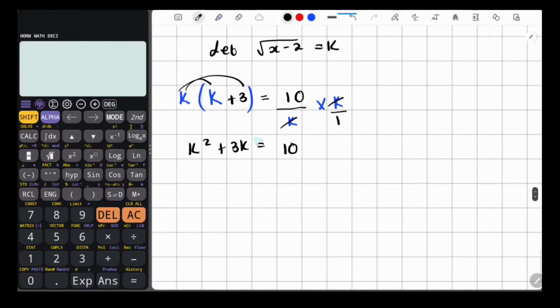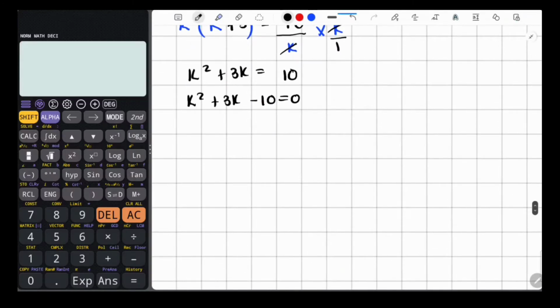Now we can go ahead and take the 10 over, so we have k squared plus 3k minus 10 is equal to 0. And this looks very familiar, so it seems to be the same factors as the one in 1.1.2. And so here we just have to factorize. You can use the quadratic formula, or you could also just manually factorize it.